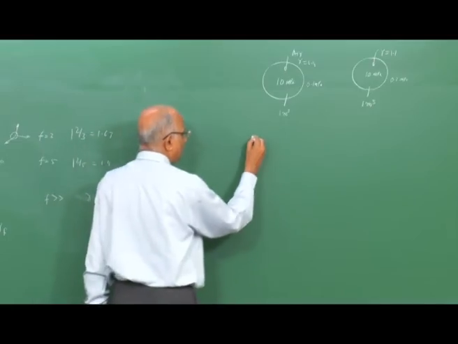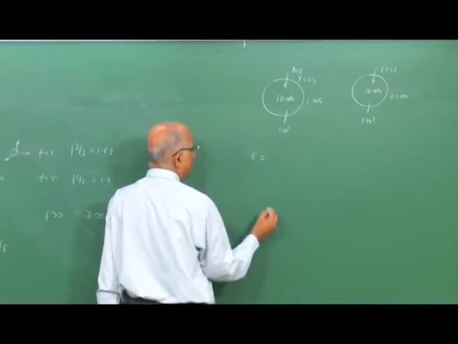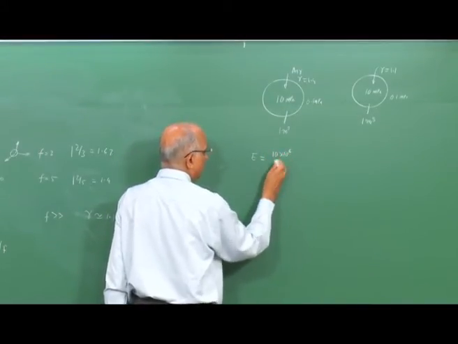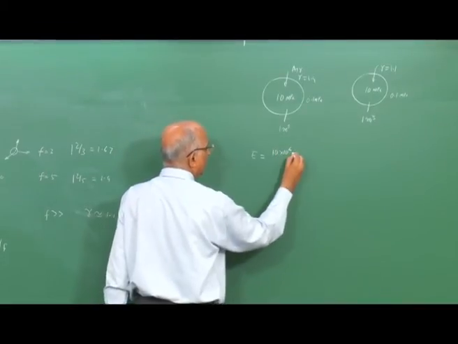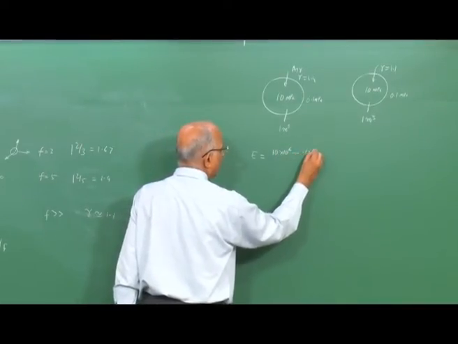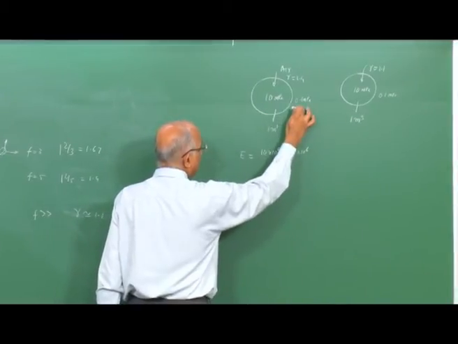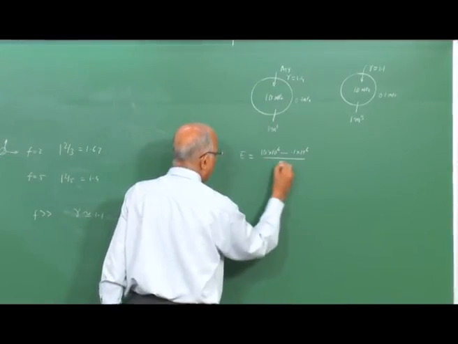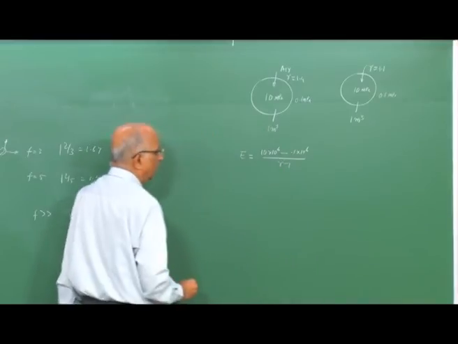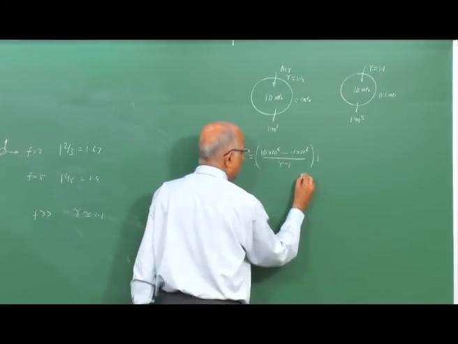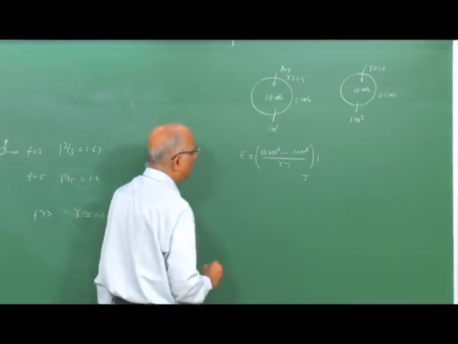I just use my equation. We have derived this. E is equal to 10 MPa, that is 10 into 10 to the power 6 Pascal, minus 0.1 into 10 to the power 6 Pascal, that is P naught minus P ambient, divided by gamma minus 1, and into the volume, which is 1, so much joules is what is generated over here.